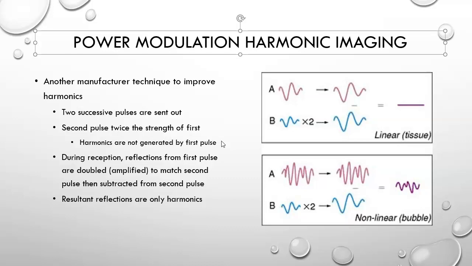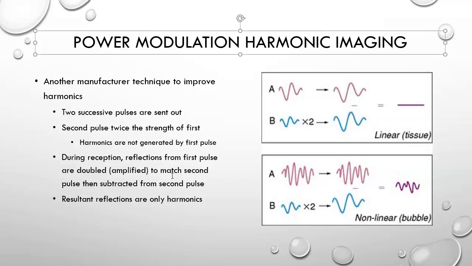So during reception, what we do is we amplify the first pulse, we double it to match the second pulse, and then we use the same subtraction technique that we had with the pulse inversion. So we double it, invert it, and then subtract it from the first pulse. And the result left are the nonlinear pulses that come back from the harmonics that were generated.